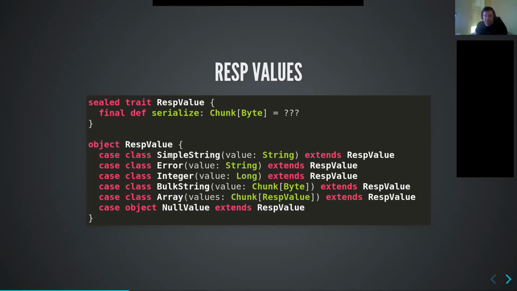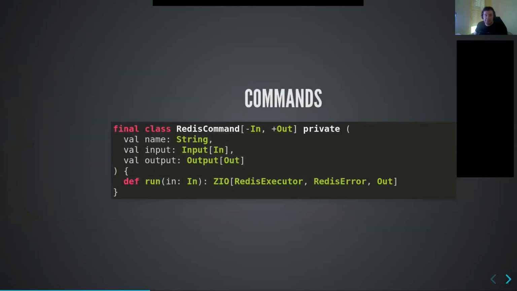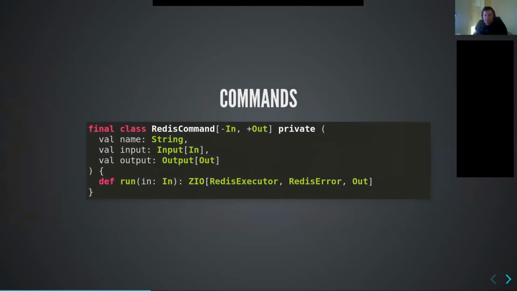So once we have RESP values as the most low-level element of our design, on top of that, we have built Redis commands. Redis command is a simple class that is described by 3 fields: name, input, and output. As you can check out in Redis documentation, you will see that all of the commands have names, and all of them have some form of input, and they emit some form of output.